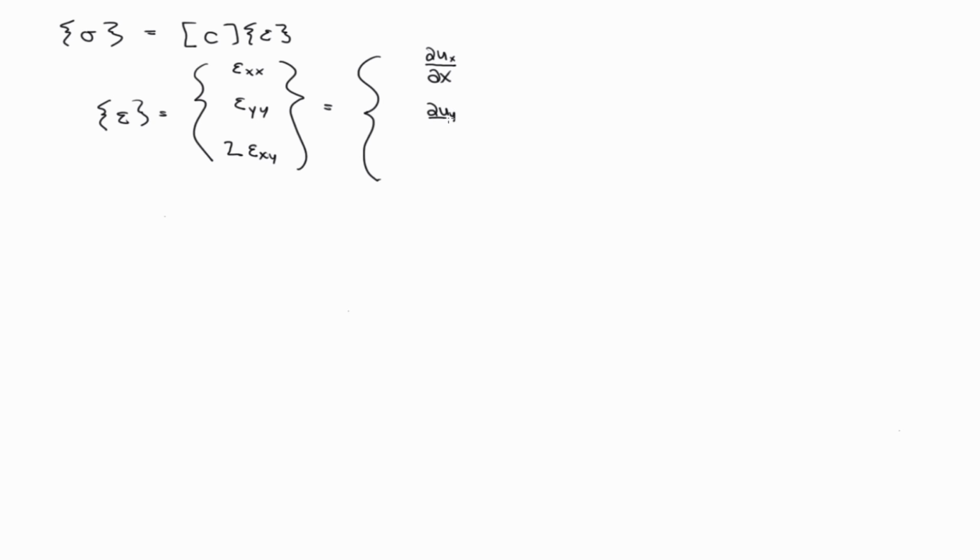The Y component of the displacement, partial Y, is epsilon YY. And then here we have the X component, partial Y, plus the Y component, partial X. Right?